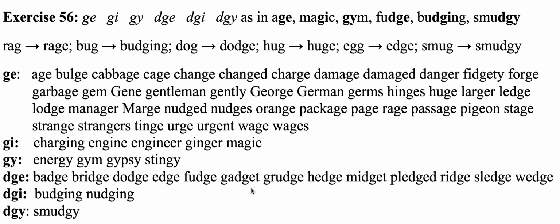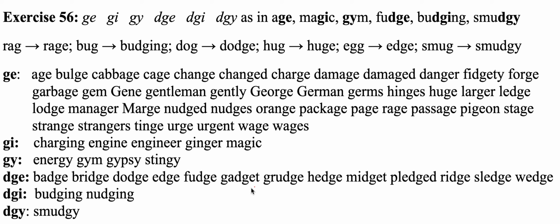When you have a grudge against somebody, you won't forgive them. And so that can be really bad. And then around your house, you can have a hedge, very good. And a little person is a midget. There were a lot of midgets in Charlie and the Chocolate Factory, as you may remember.